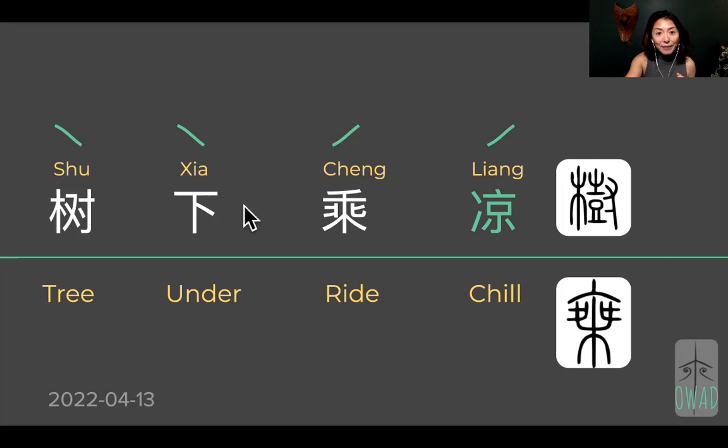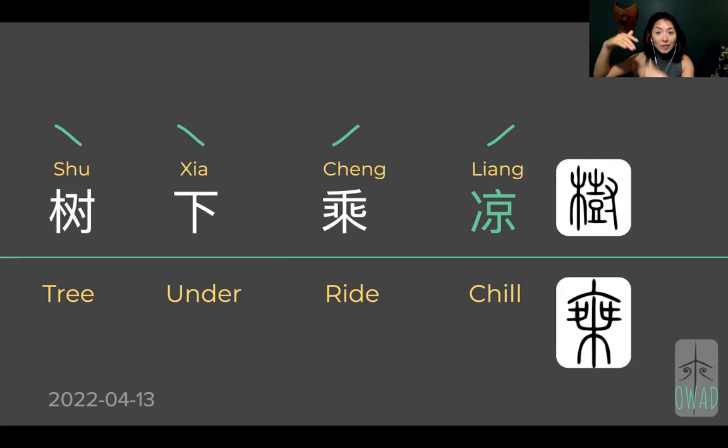Next one, 下. We saw this one multiple times, and this is one type of Chinese character formation, which uses symbols or indicators to show people what it actually means. So the horizontal line is a benchmark line. And when you have a perpendicular line pointing downward, it means going downward. And then we have a sideway pointer there, another trend to make sure you get it.